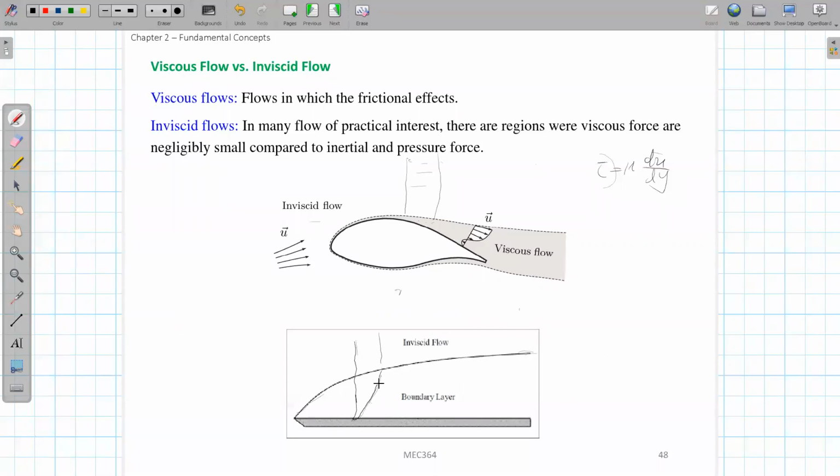In this region, because of the large velocity gradient, the viscous effect is very strong. We call this the boundary layer, and this layer is viscous flow. Outside this small layer, the velocity won't change too much in the y direction, so tau is relatively small. We consider this inviscid flow. So this is another way to distinguish flow regions.